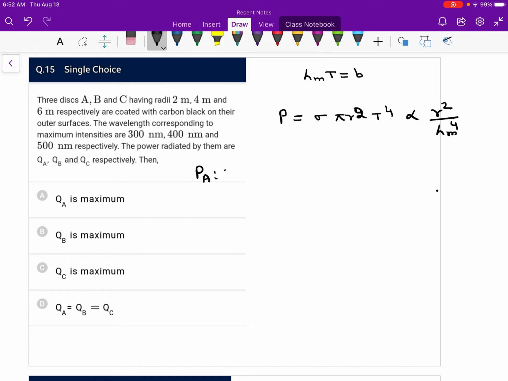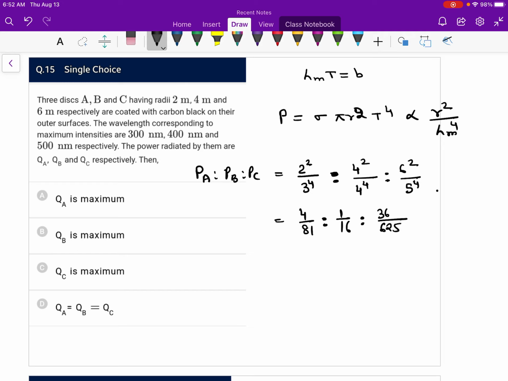So PA is to PB is to PC: 2 square upon 3 to the power 4, and then 4 square upon 4 to the power 4, and then 6 square upon 5 to the power 4. So this is 4 upon 81 is to 1 upon 16 is to 36 upon 625.